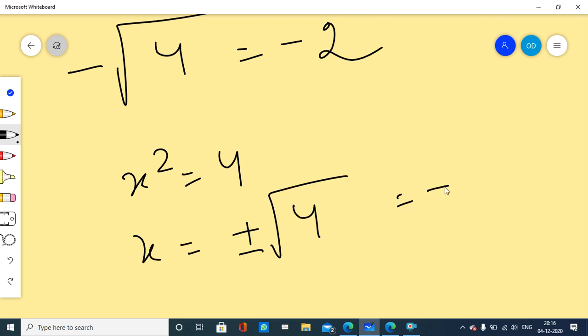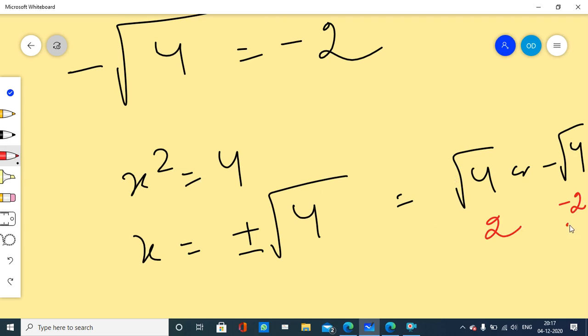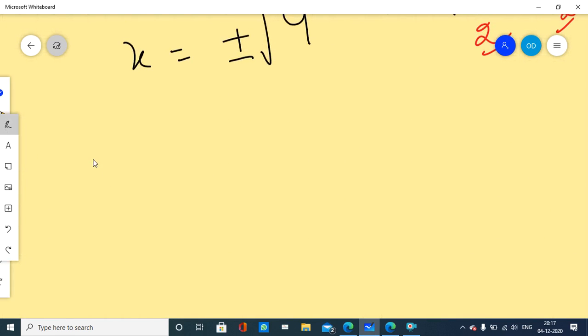So one is for plus root over 4, the other one is for minus root over 4. And we know that before any number there is no need to put any plus. So you see, this will give you the answer 2 and this will give you the answer minus 2. You get my point? Yes, sir. Okay. Very good.